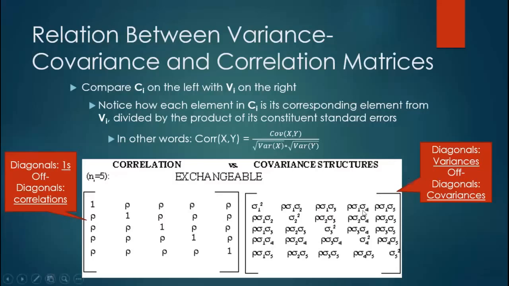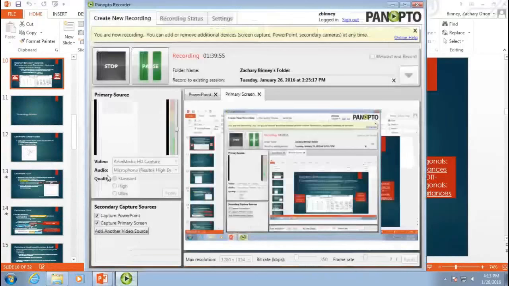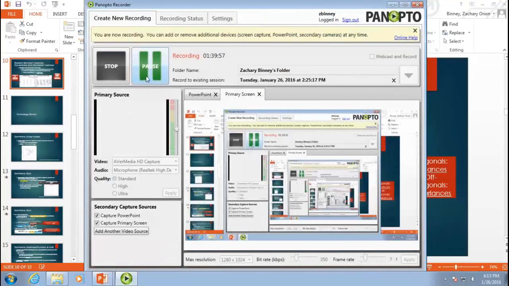So here the diagonals will have the variances of your row and column variables, and the off-diagonals will have covariances. So variance-covariance has just that: variances on the diagonals and covariances on the off-diagonals. Correlation, ones on the diagonals, correlations on the off-diagonals. That's it. I'm done.